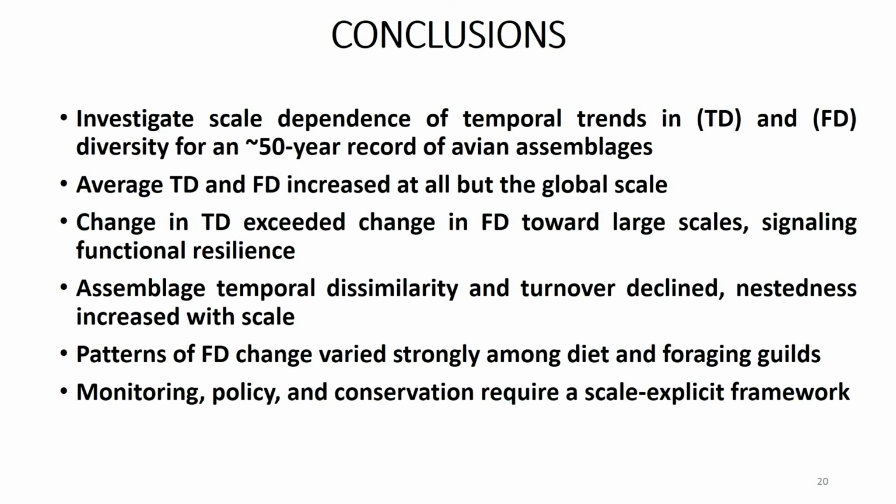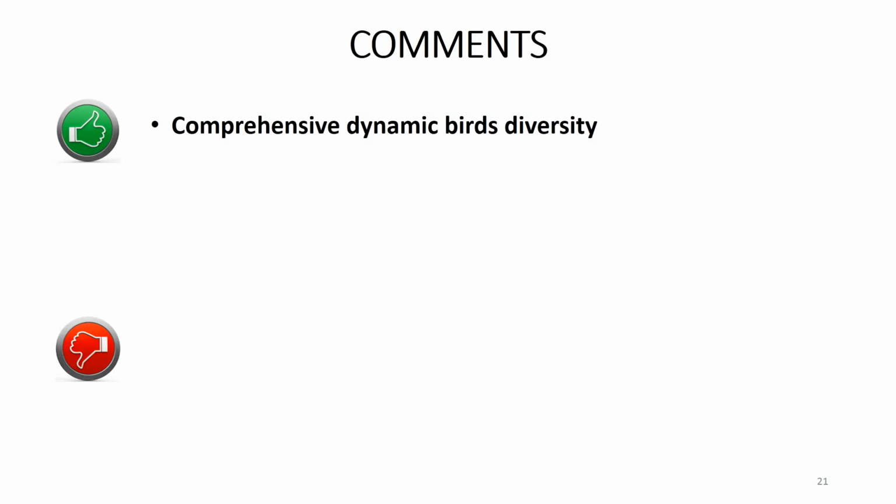Change in taxonomic diversity exceeds change in functional diversity at larger scale. Temporal dissimilarity and turnover in functional assemblages naturally increase with scale. The pattern of the functional change varies strongly among diets and foraging guilds. Monitoring policy and conservation require a scale-split framework.